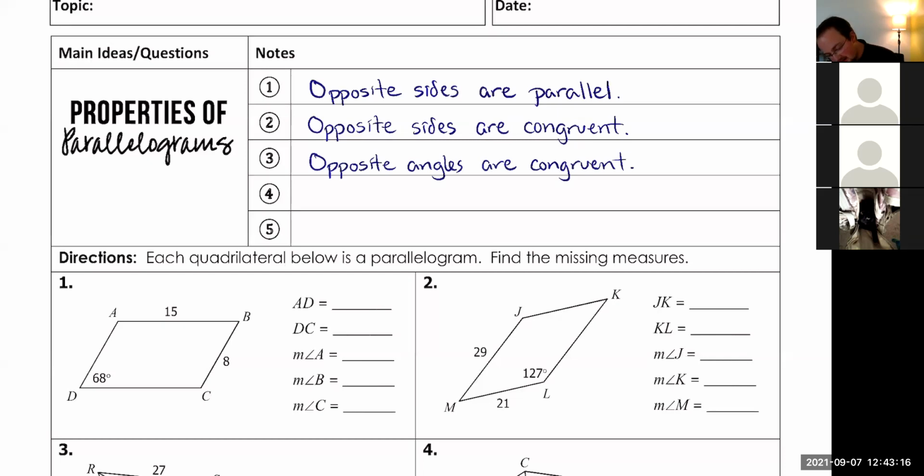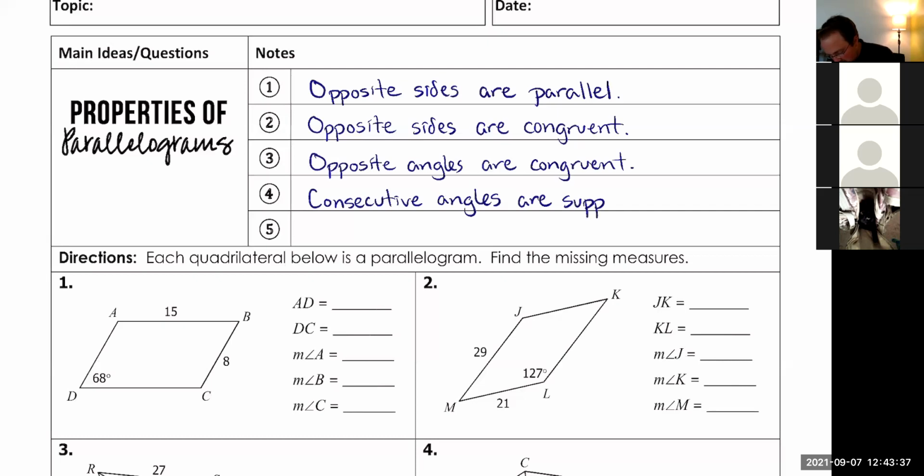Number 4, consecutive angles, which means one next to the other. So if you go from one corner immediately to one of the corners next to it, that would be consecutive. So consecutive angles are supplementary.